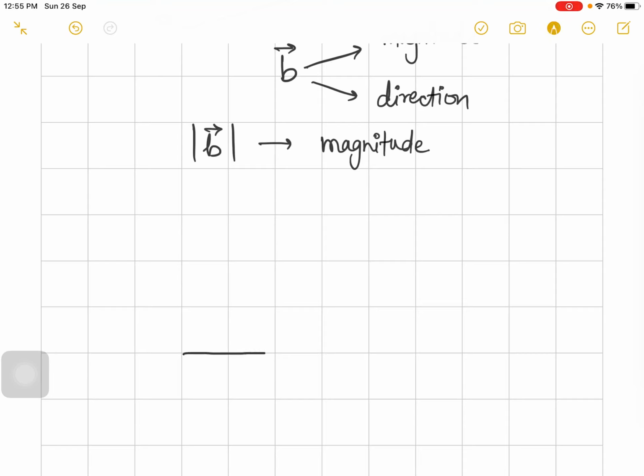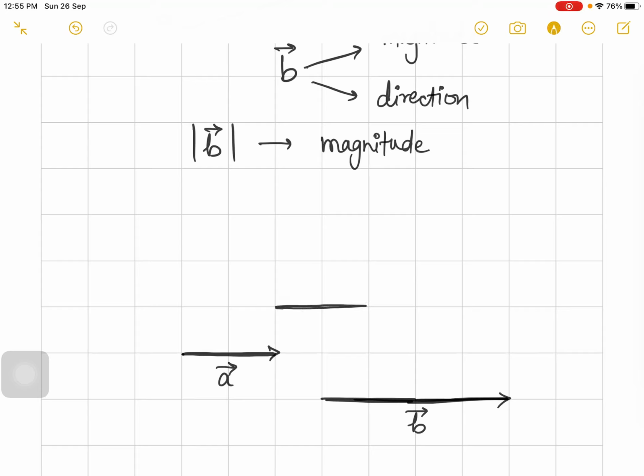Look at this vector. I'm calling it vector A, and this one I'm calling vector B. Do you think there is any connection between A and B?